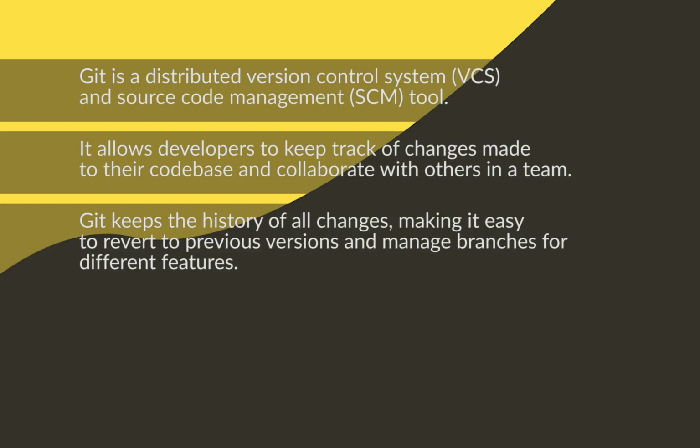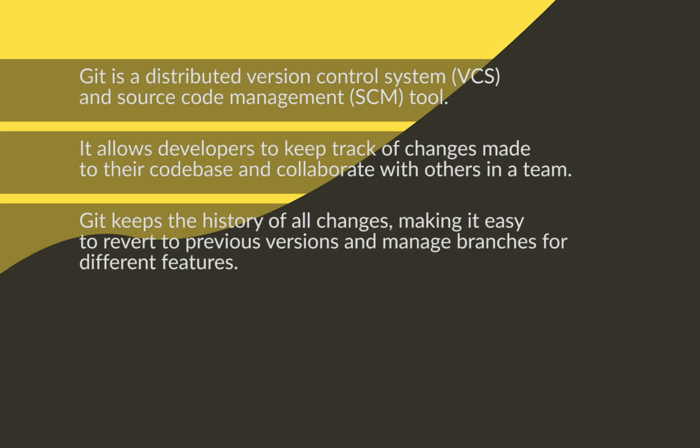Git keeps the history of all the changes that you make to your code base, making it easy for you to revert to previous versions and manage branches for different features in your application.